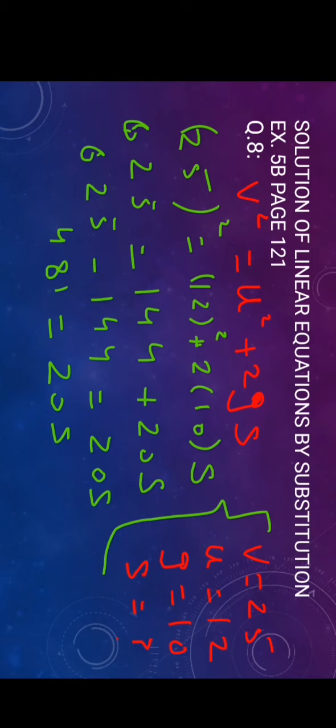Now we have to solve this equation for the value of s, so I'm going to shift the terms. So I shifted 144 on the left hand side with the negative sign, because whenever we shift the terms we need to change sign. So 625 minus 144 will give me 481 on the left hand side, and the 20s, the right hand side, is carried down as it is.